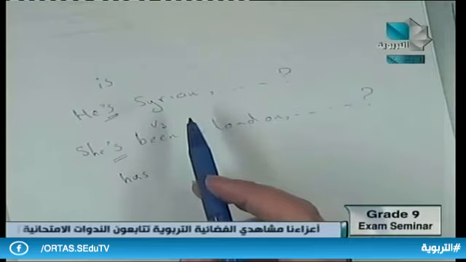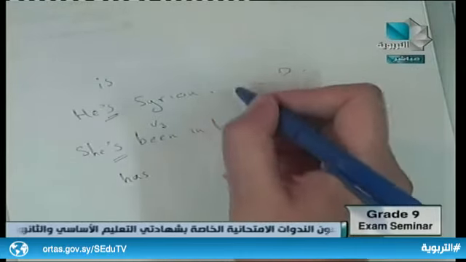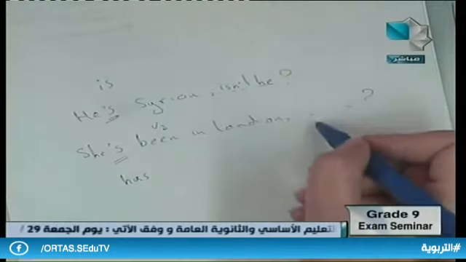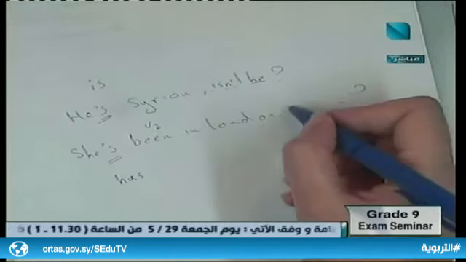He is studying. The tag of this question is isn't he, and the tag to this question is hasn't she. When we have verb 3 after apostrophe s, this means that this is the short form of has. Thanks a lot, Miss Nisreen.